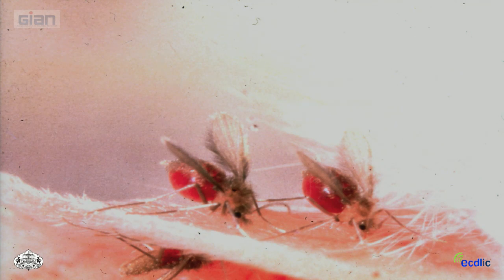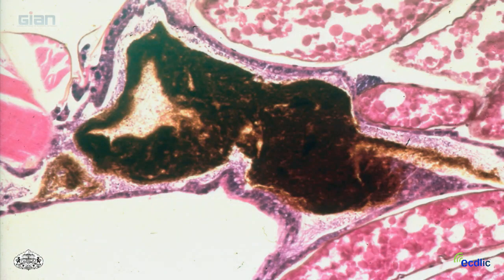So you can imagine these are sandflies, Phlebotomus papatasi, feeding on a lesion on a rodent ear, and it takes in the blood meal into the posterior gut along with parasites.